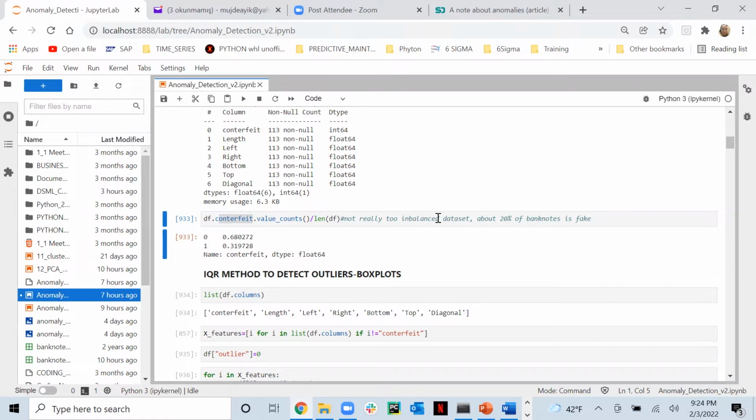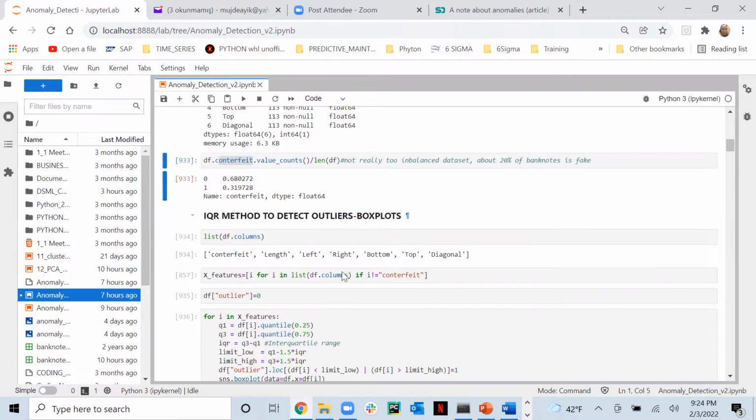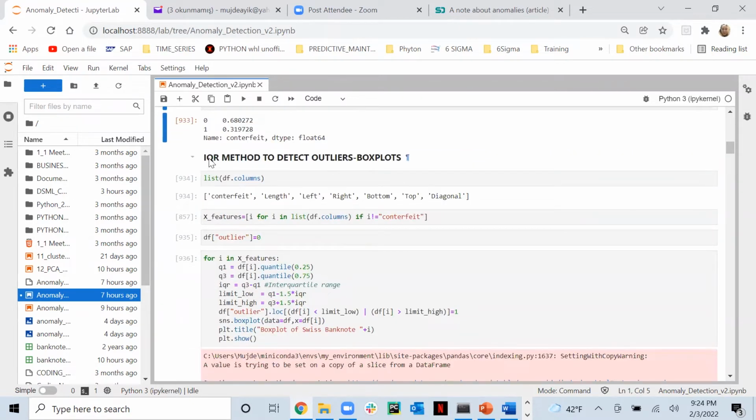But there would be cases which could be 10%, even 5%, which we would approach differently, maybe upsampling or downsampling the zero cases. So if you simply look at the interquartile range method to detect outliers, this is our X features: the left, length, right and bottom dimensions.